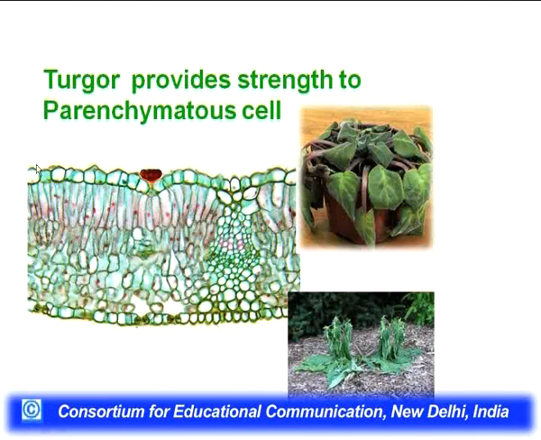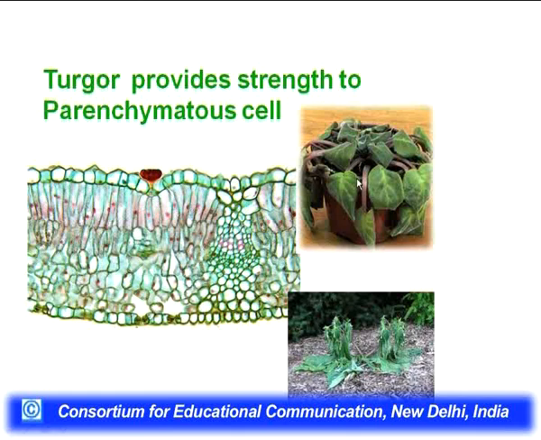However, you will find many leaves collapse when they are slightly under water stress. Here is a photograph of a plant which is dried up. Here is a photograph of another plant that dried up. You might have noticed, many plants collapse if they are dehydrated even for a day.